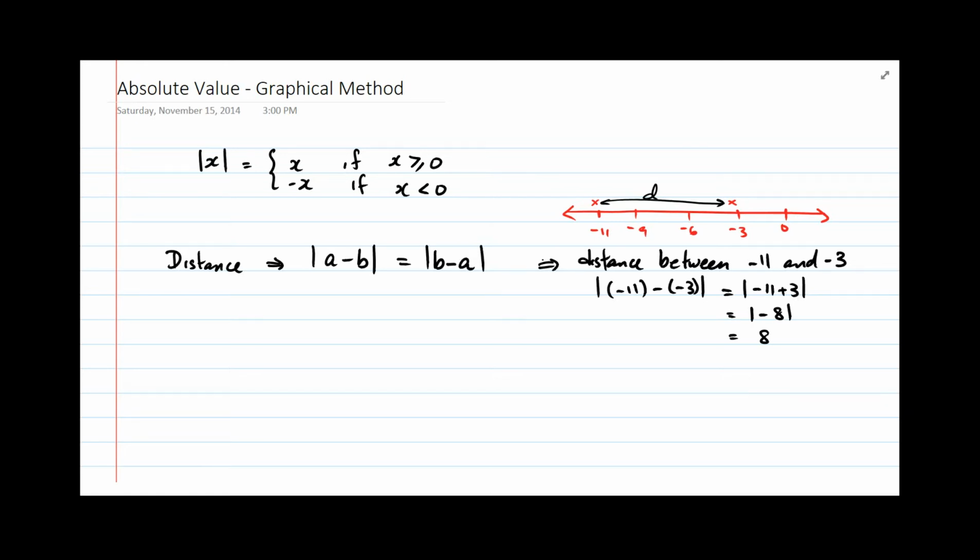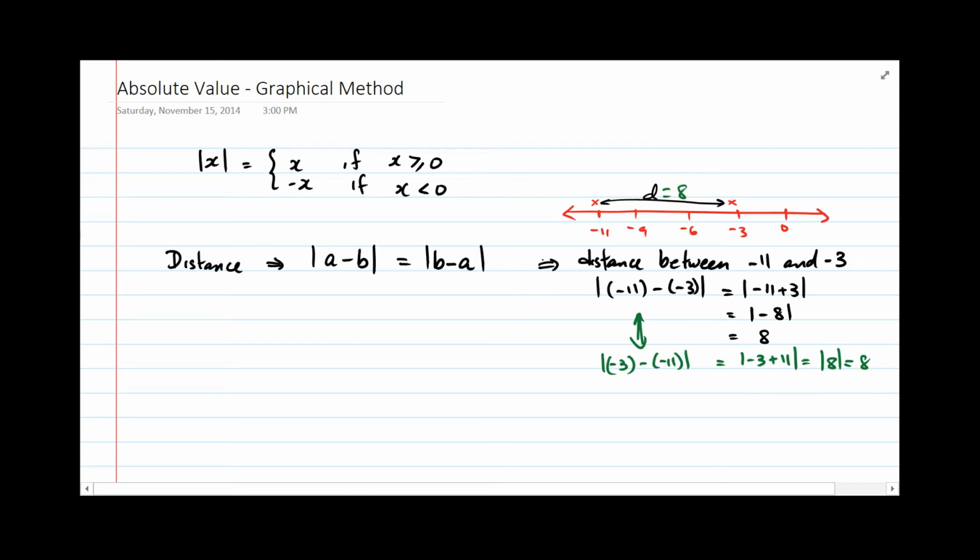I could likewise have done this as the absolute value of negative 3 minus negative 11. The only difference is that inside I'd end up with a positive number, but it's the same thing: the absolute value of 8 equals 8. The distance between these 2 points was 8 units.